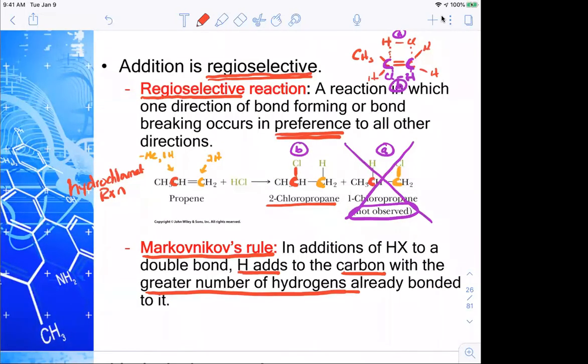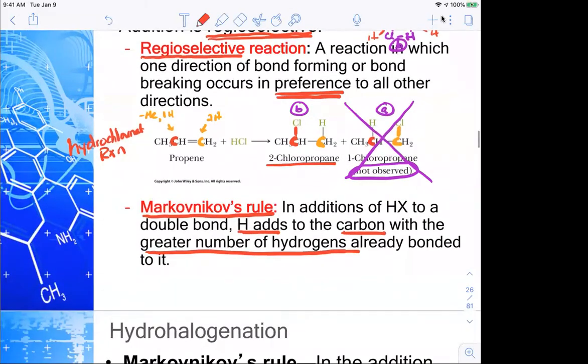And then the electrophile, the other part of the reagent, is going to bond to the other carbon. Another way you can state this is, thems that haves gets.